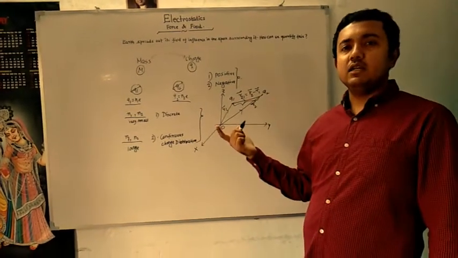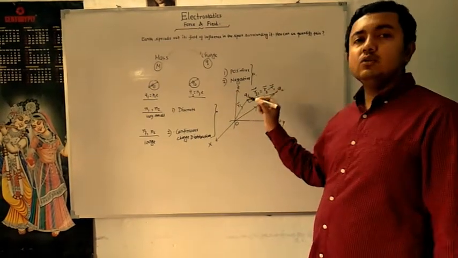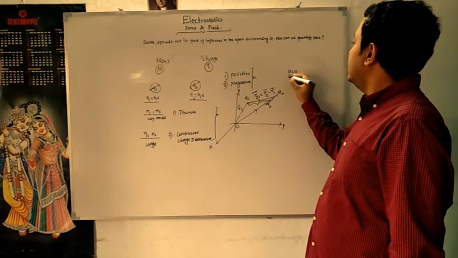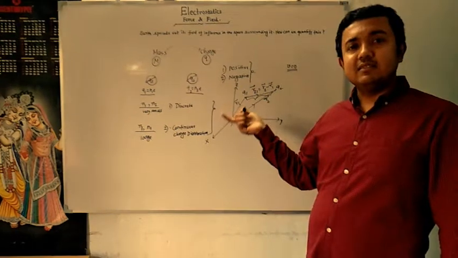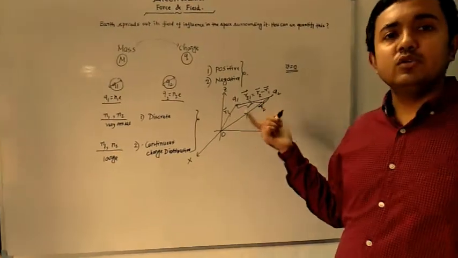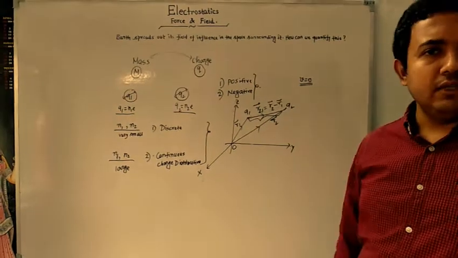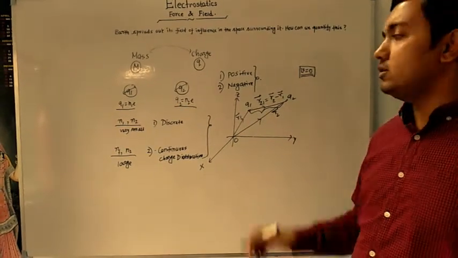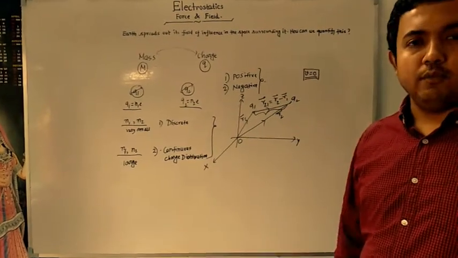Another condition for the application of Coulomb's law is that the two charged particles Q1 and Q2 are always at rest, that is, their velocities are 0. If velocity exists, then magnetic force also arises, and we want to calculate the electrostatic force. Hence, we consider the velocities of both the charges Q1 and Q2 equal to 0.